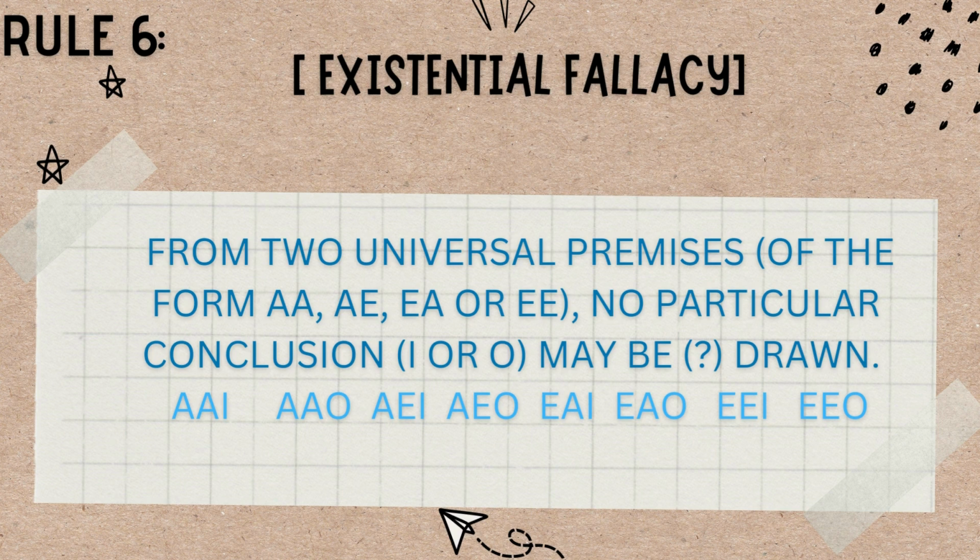Premises of the form AA, AE (universal affirmative, universal negative), EA (universal negative, universal affirmative), or EE (universal negative, universal negative): no particular conclusion, I or O, meaning particular affirmative or particular negative, may be drawn. So from two universal premises, no particular conclusion should be drawn.